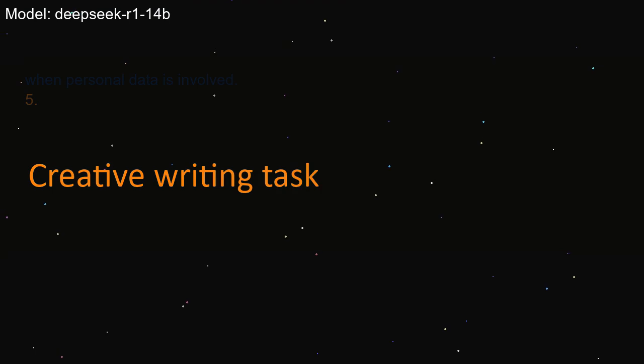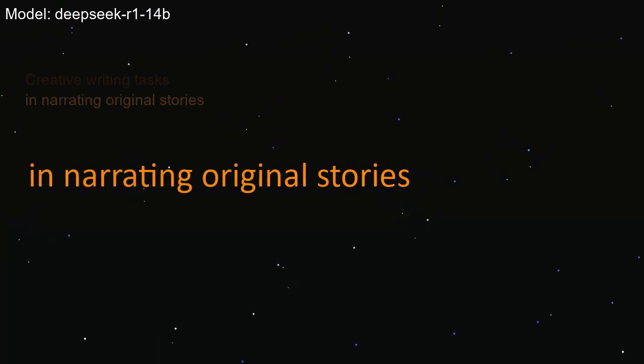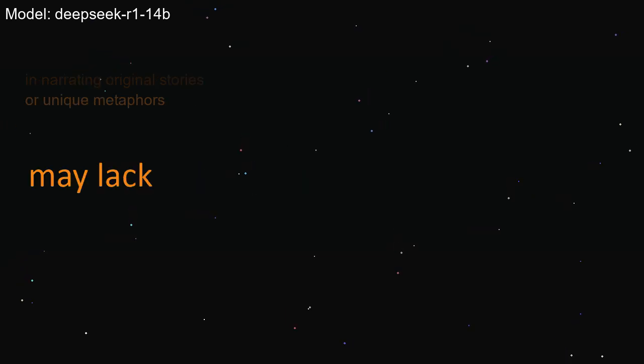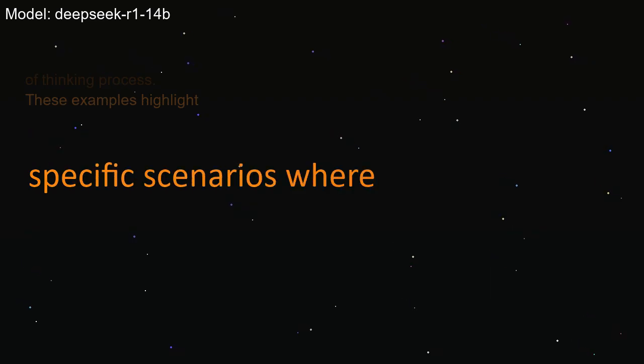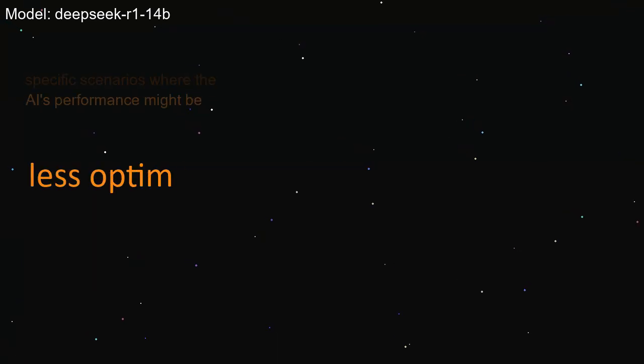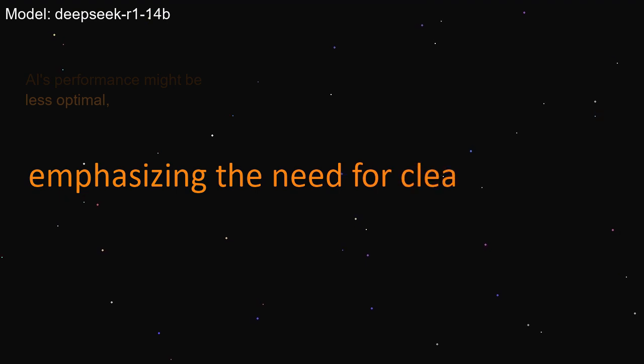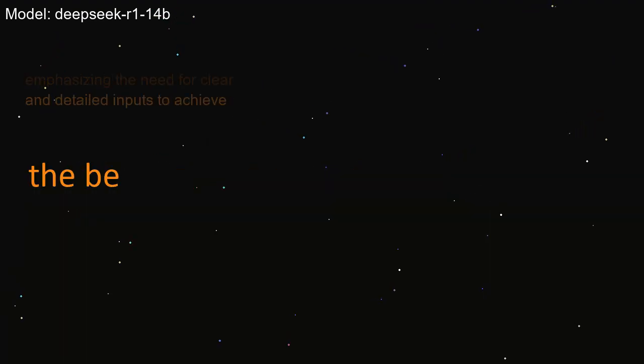Creative writing tasks in narrating original stories or unique metaphors may lack depth compared to human creativity, as it requires a different kind of thinking process. These examples highlight specific scenarios where the AI's performance might be less optimal, emphasizing the need for clear and detailed inputs to achieve the best results.